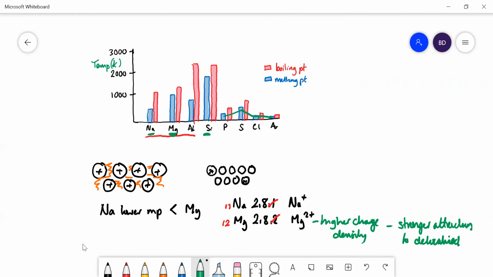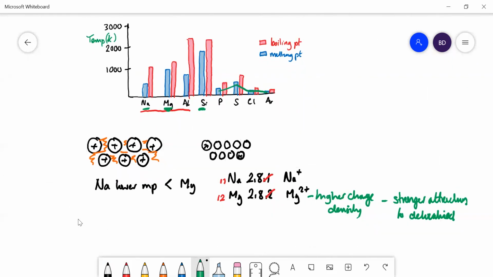You may think, quite reasonably, that the trend should continue for aluminium, 2,8,3, which is going to form an Al3+ ion. Again, that's going to be a lot smaller than the magnesium ion, because aluminium has 13 protons. But you don't get the continuation of the pattern there, because of something to do with the crystal structure, the way the ions are arranged.